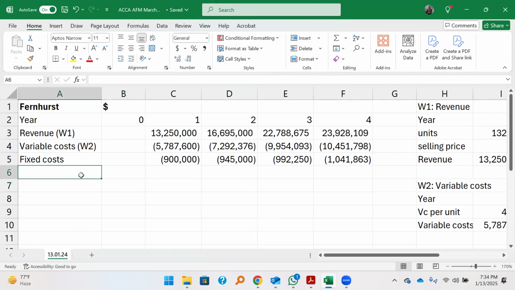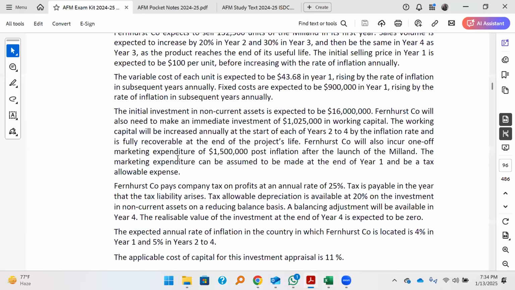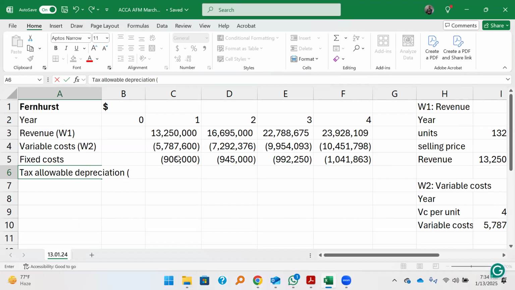So now after I have our fixed costs, what normally follows here is depreciation, if we have taxable depreciation. So we are going to need a working for it.